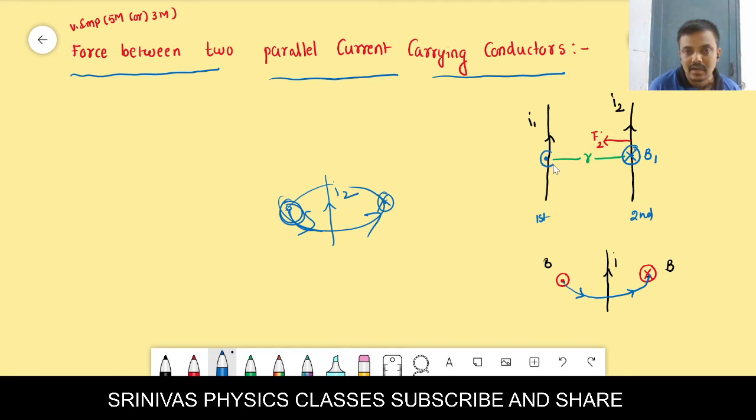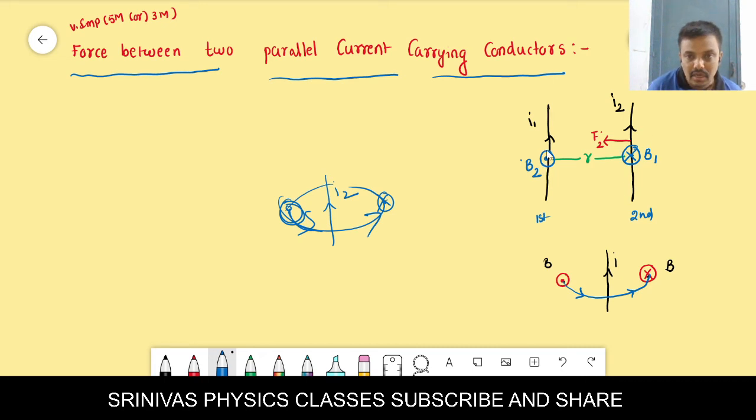What is it? It is outward. For the second wire, this point is left side. For the wire, left side is dot, outward. I want the magnetic field generated due to the second wire, right? That is B2. B2, understood, that is outward. This B2 is the magnetic field generated by the second wire.